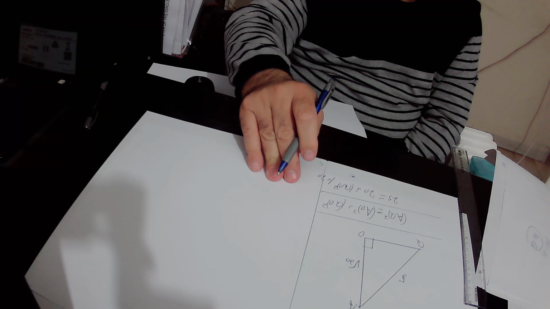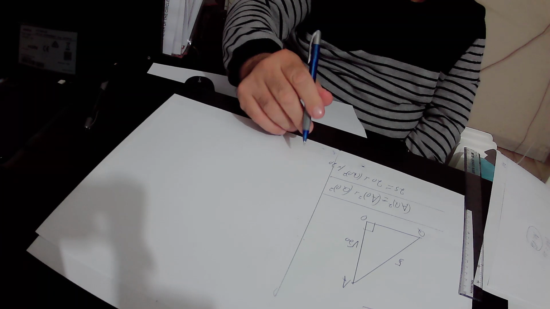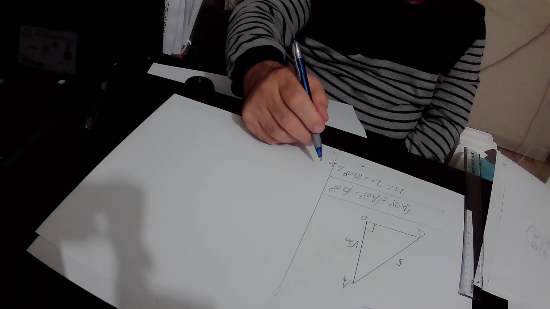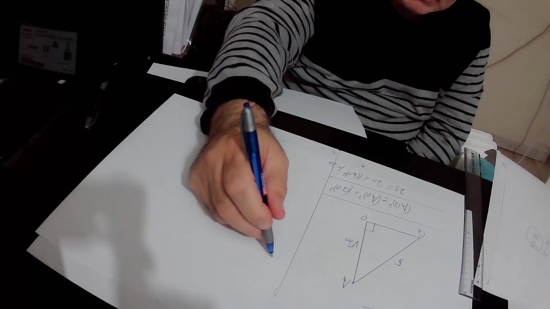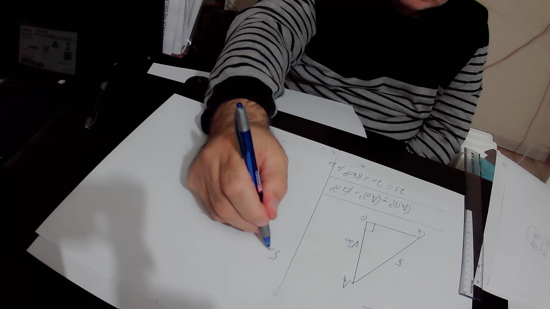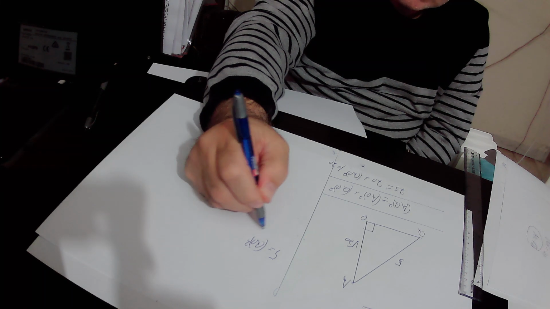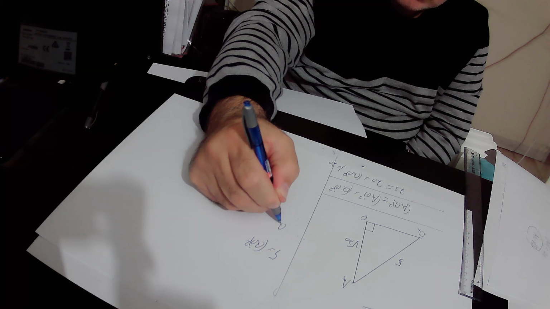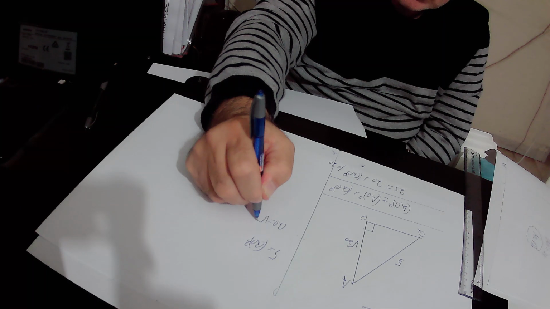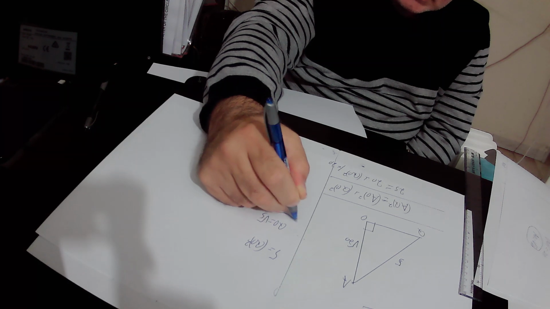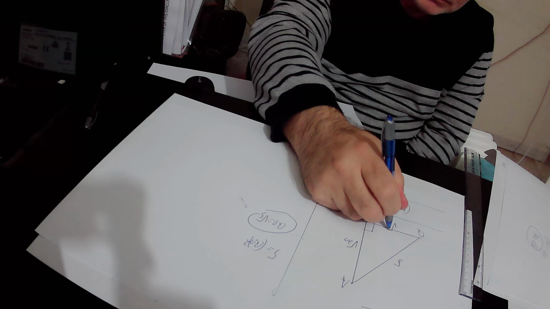So 25 minus 20 is 5. 5 equals QO square. We take the root of this equation and we get that QO equals the square root of 5 units.